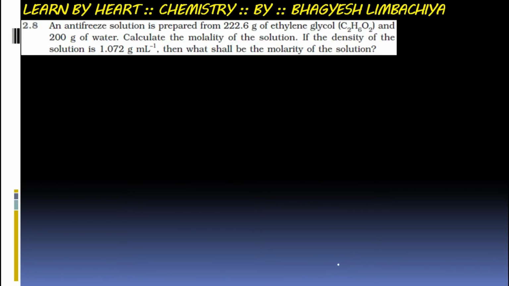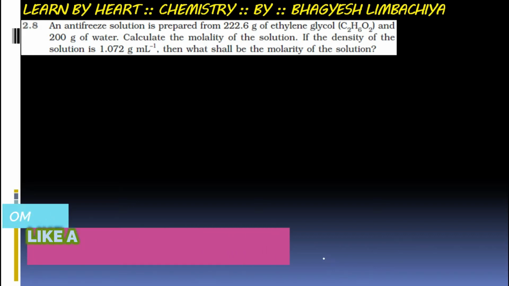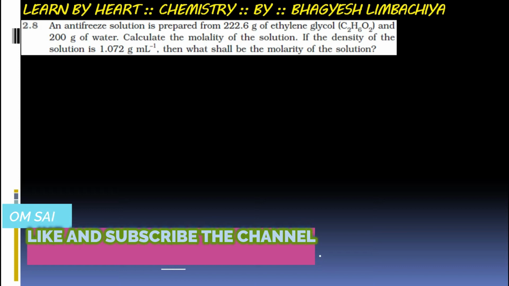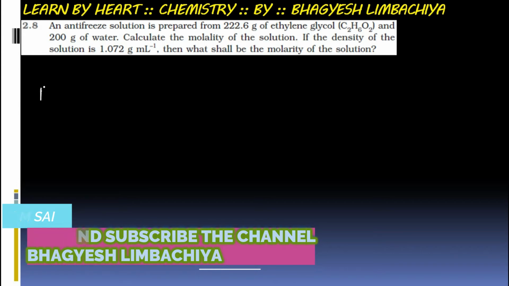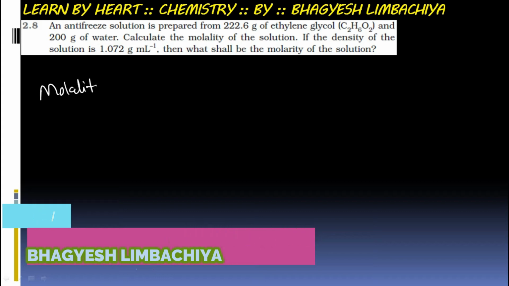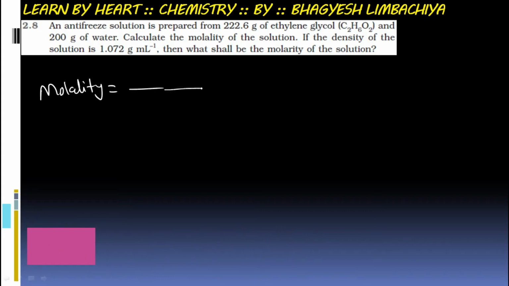An antifreeze solution is prepared from 222.6 gram of ethylene glycol and 200 gram of water. Then you are asked the molality, and then density is given to you, and molarity is also asked. So first of all, we can calculate the molality by using this formula.